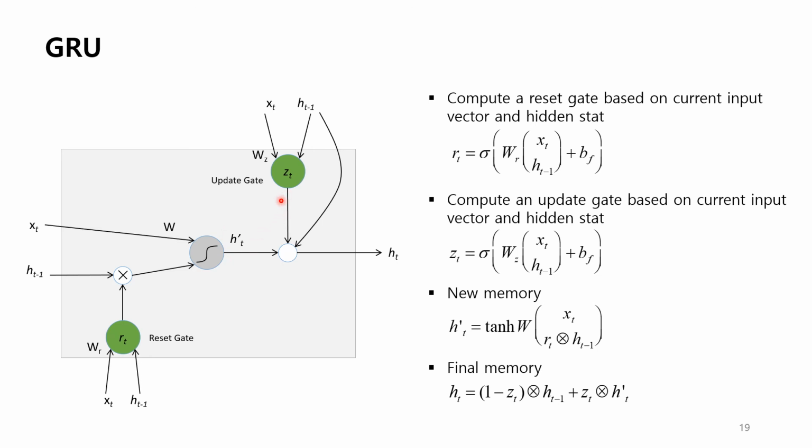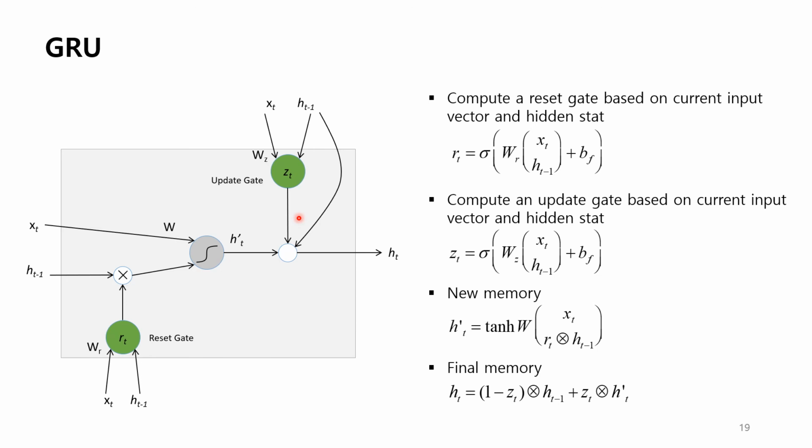Finally, depending on the update gate, we decide the final value of h_t, the new value of the hidden node in the next step. We have two options: the previous value of the hidden node h_{t-1}, that's the first option, and the second option is the new candidate value.